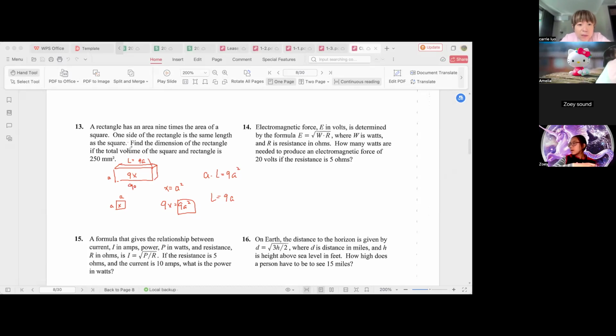Find the dimension of the rectangle if the total volume of the square and rectangle. That's a mistake, isn't it? It should be area, right? Oh, okay. That's right. So that means 9A squared plus A squared equals 250. So 10A squared equals 250. So A squared equals 25. So A equals 5 millimeters.